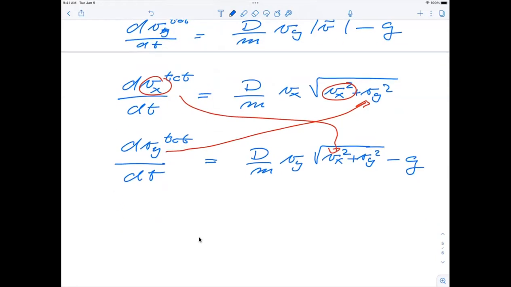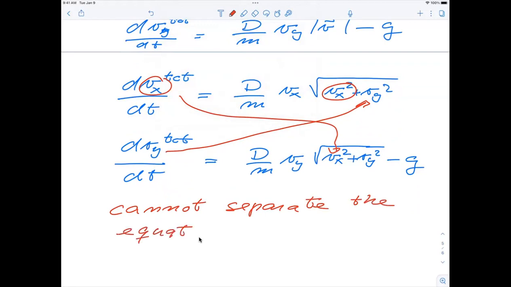So the basic message here is that we cannot separate the equations with respect to the unknown variables vx and vy. So this often leads to no analytical solution, or no easy route to an analytical solution.